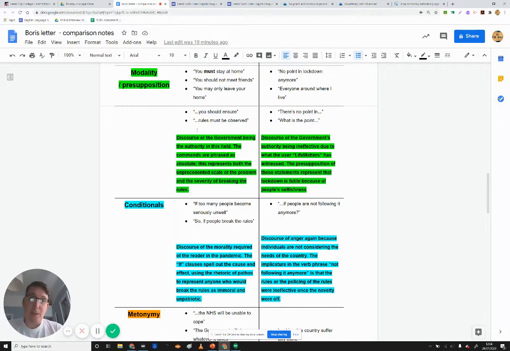Whereas in text B, the discourse is instead that the government's authority was ineffective. The original poster, who's called Life Matters, from what they've witnessed, thinks there's no point. It didn't work. So there's a presupposition of these statements representing that lockdown is futile. So as a reader, you would agree with them. You would bring their ideas to the text because you would agree, because that's how it's understood.